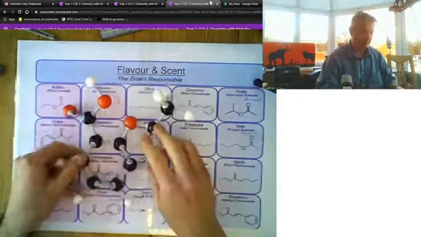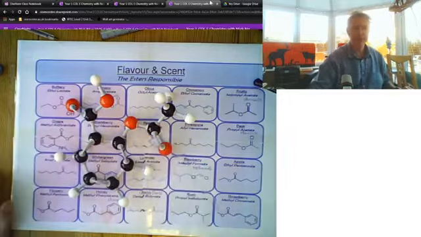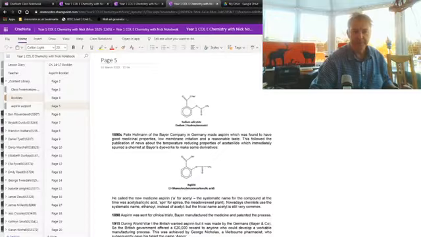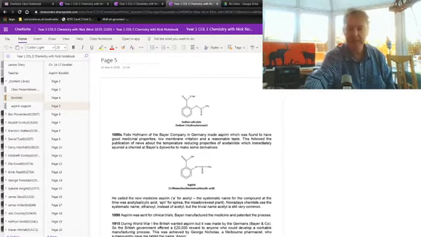I'm going to put it up that way around, because then when I switch back to turning this camera off and put aspirin back up, you can see the aspirin is this molecule here, which is what I've just made. Let's make that a little bit bigger.